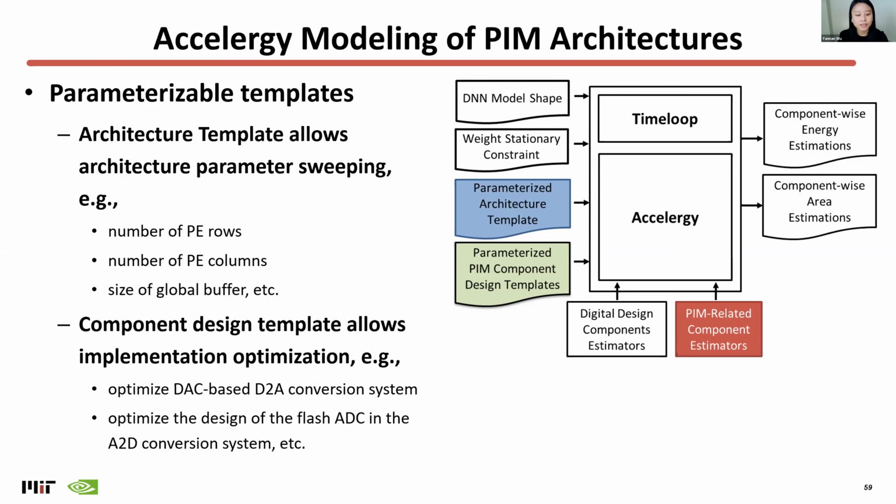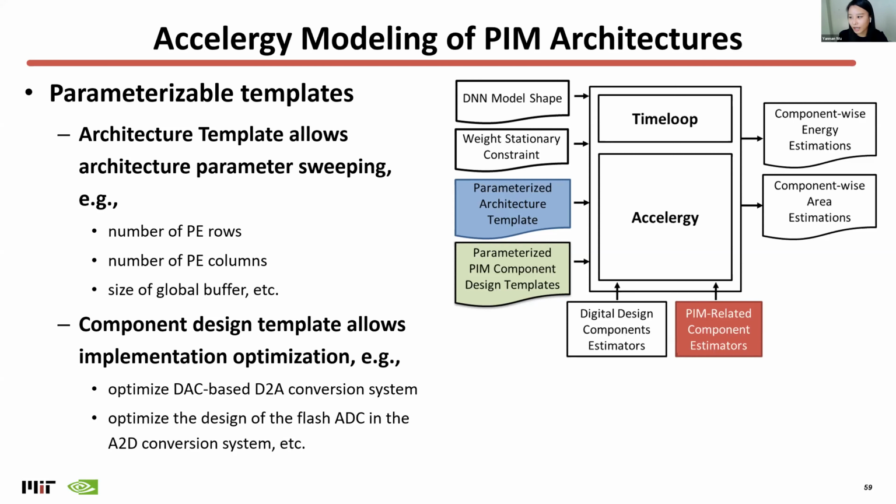The component design templates allow users to redefine the compound component contents of the high-level components in this architecture. For example, if we have applied some optimizations to the ADC component, we can redefine this high-level component inside the component design template.